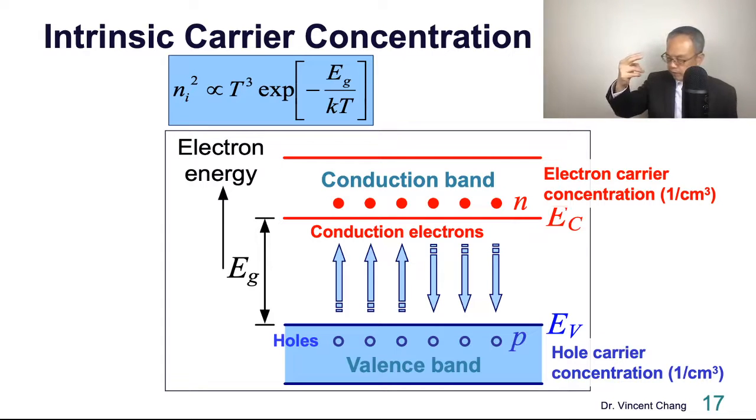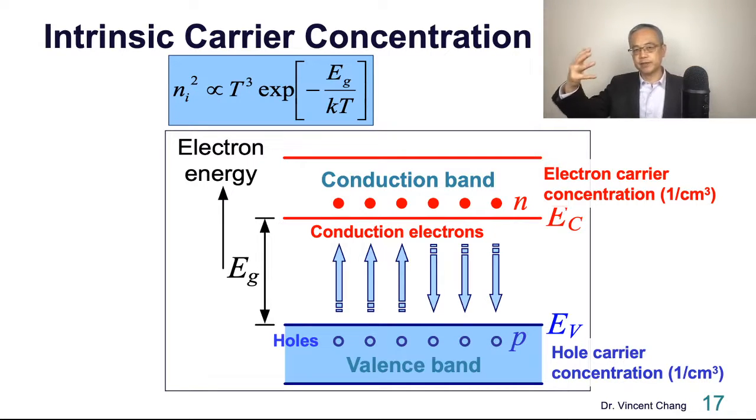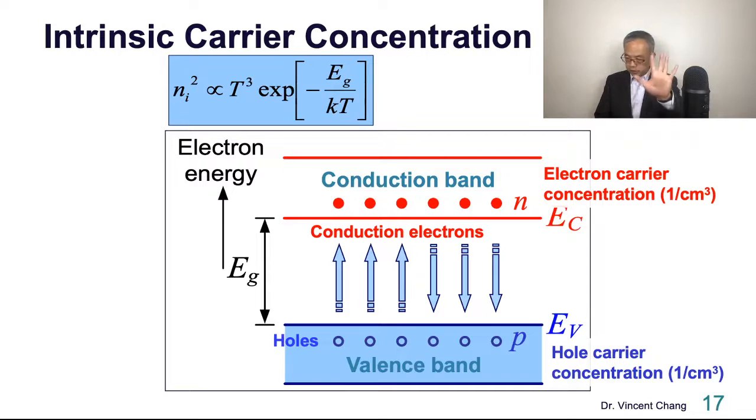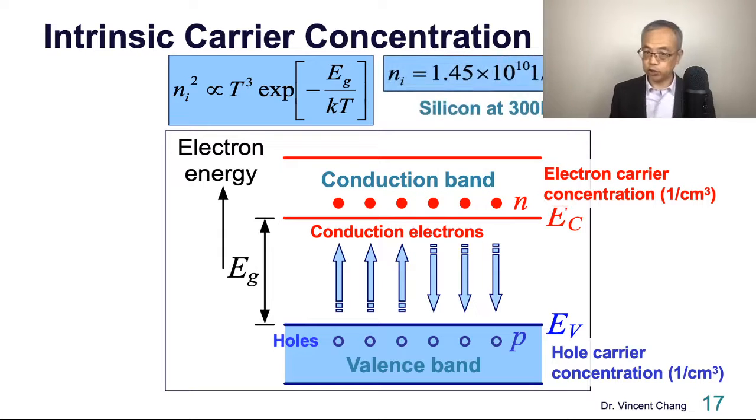And the second one is the material. If the band gap is lower, the exponential will go lower, because it's in the denominator, so ni will go up quickly. All right. So it is strongly dependent on temperature and the band gap energy.